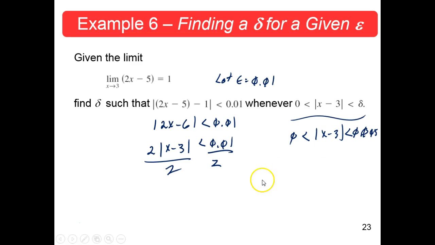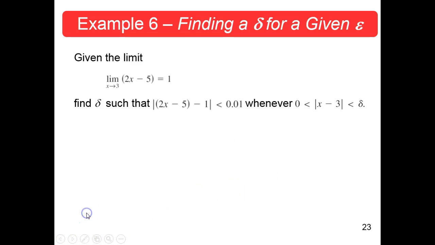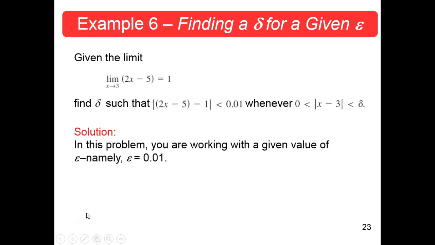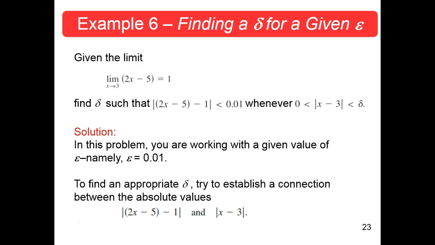So again, I interjected my chicken scratch. Let's just do his. In this problem, you're working with a given value of epsilon, 0.01. To find the appropriate delta, try to establish a connection between the absolute value of the epsilon part and the absolute value of the delta part.